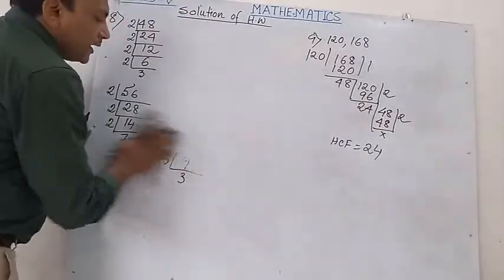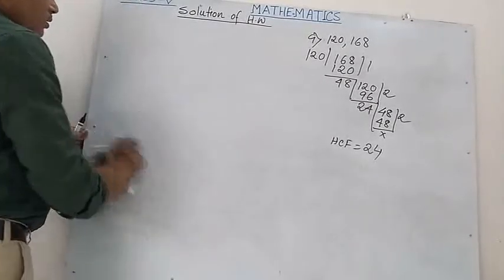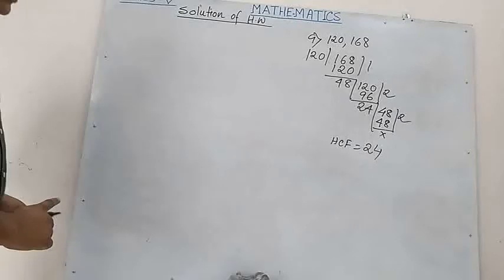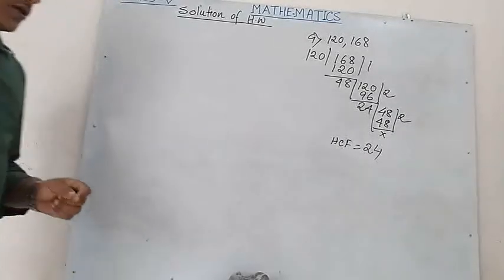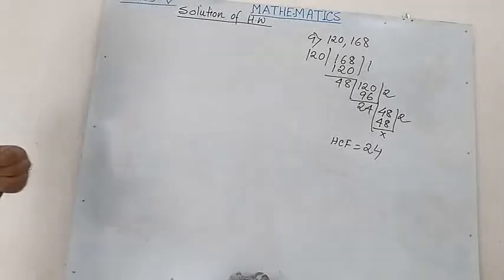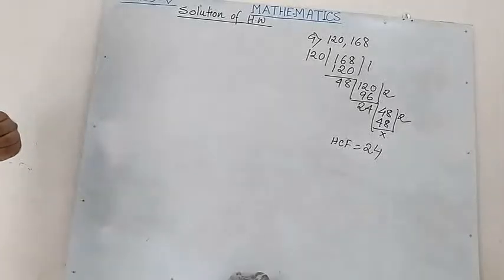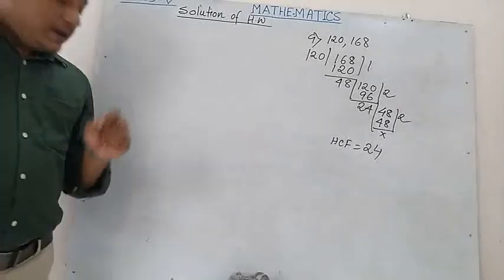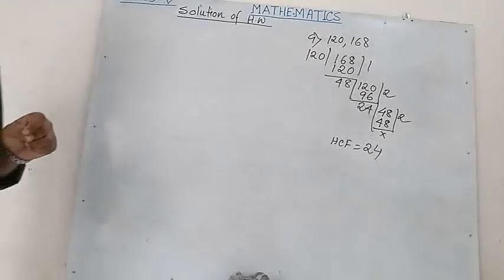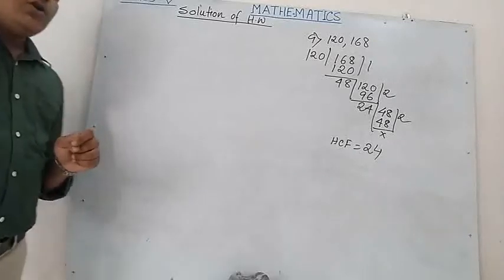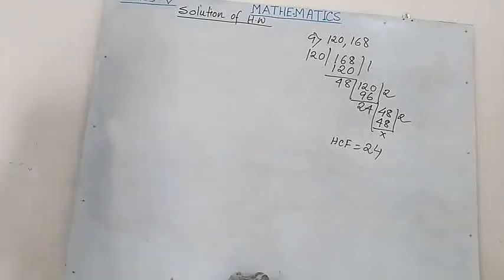Next, question number 10. Find the least number which, when divided by 6, 14, 18 and 22, leaves remainder 4 in each case.